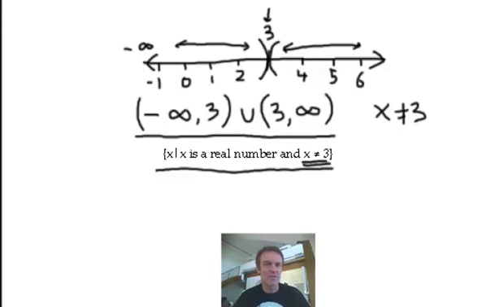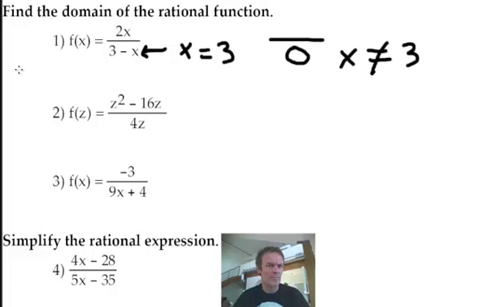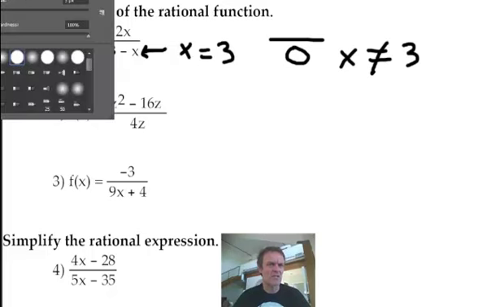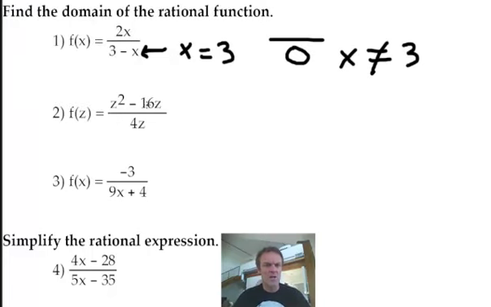Let's go back and look at some of the other ones. So if I look at this one, again, really we're just looking at the denominator. That's all we're looking at, remember. So what value of z there will make that denominator 0? Well, 4 times 0. Don't think negative z.